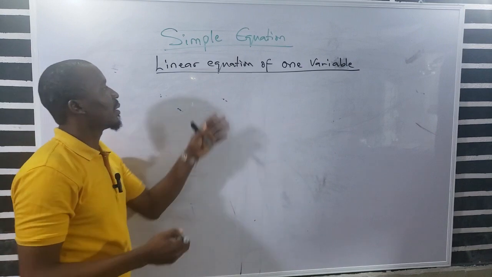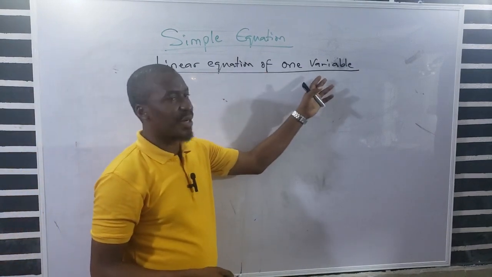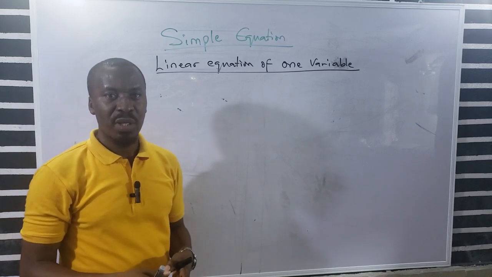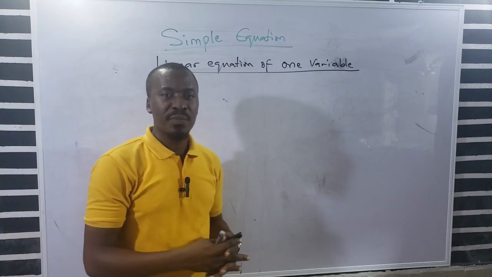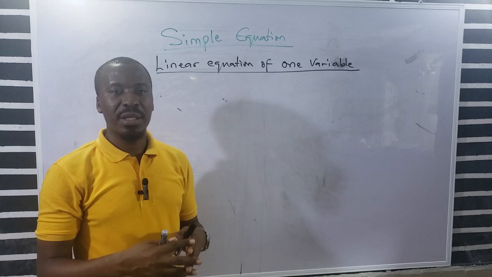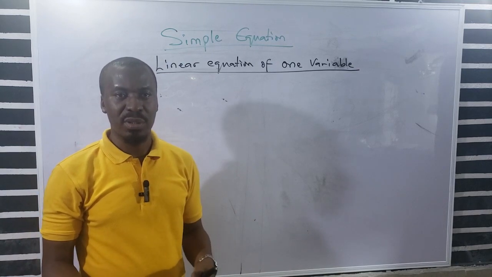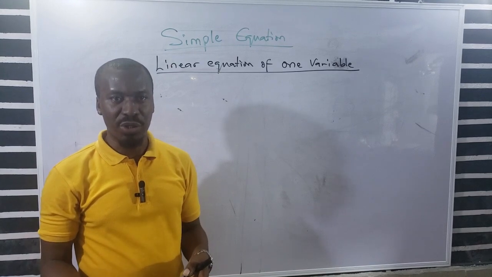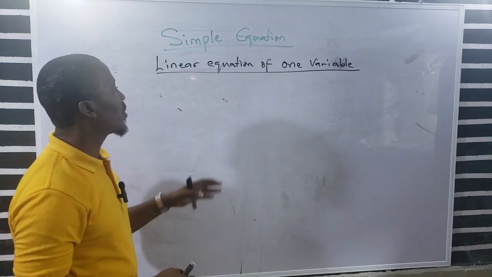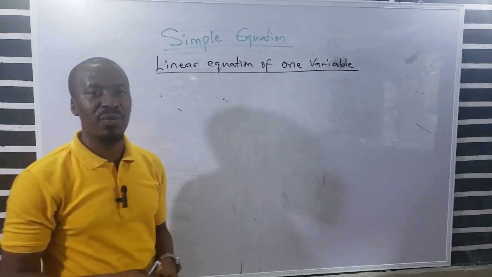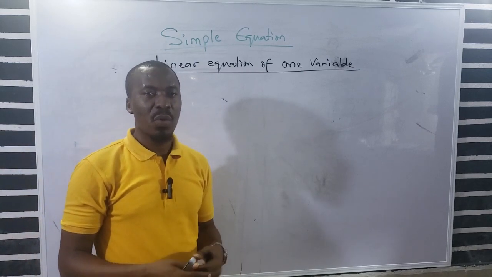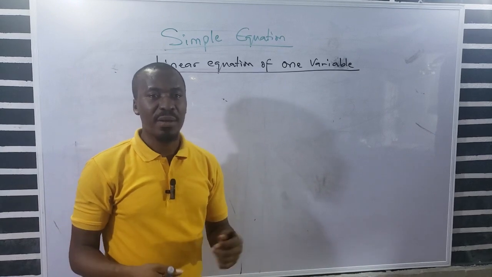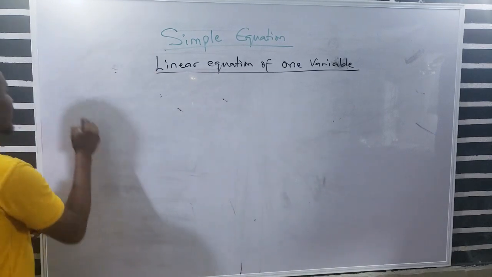So, linear equation of one variable is what we call simple equation. In our videos, we have done linear equation of two variables, which gives us a simultaneous equation. So today, we are going to look at how we can solve simple equation, which can also be called linear equation of one variable. Let us take an example.